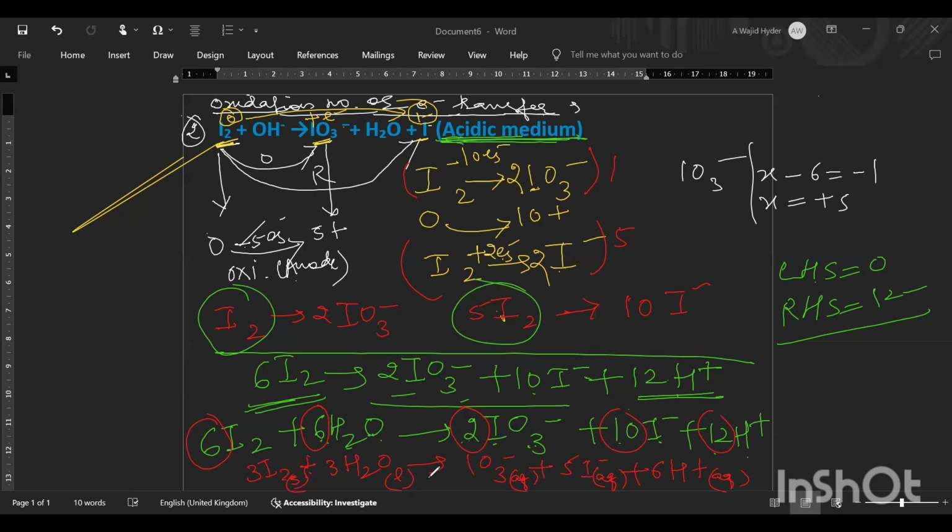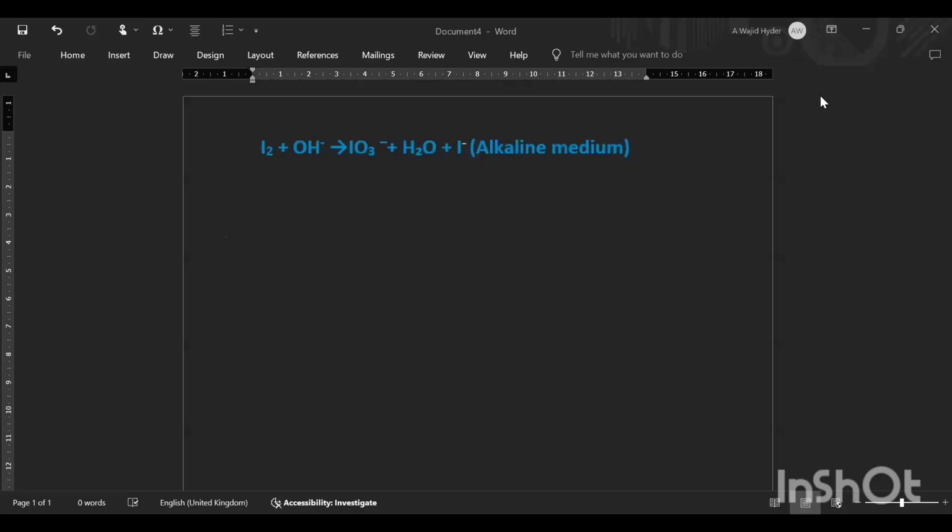Now we will see one more reaction which is a disproportionation and will be in basic medium. In this, iodine changes from the left-hand side to the right-hand side, here 0 and this is 5+, as in the previous case, oxidation.